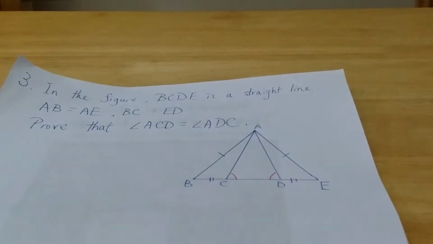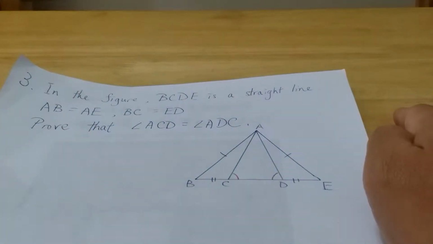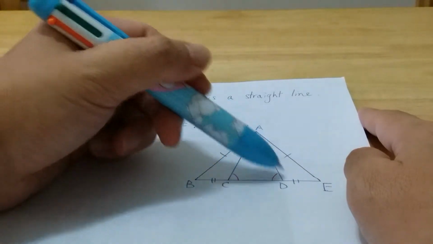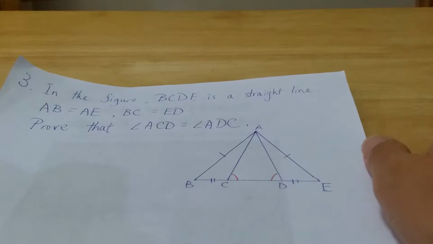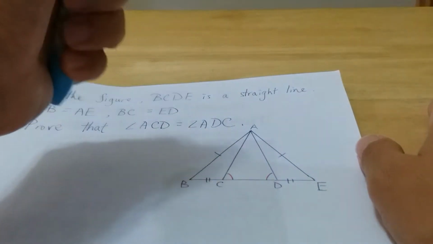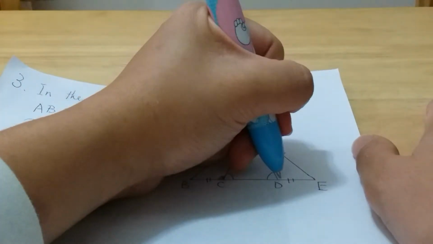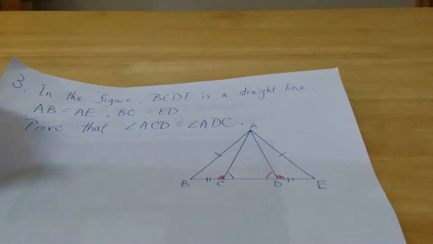Now we have two ways to prove this pair of angles are equal. One, obviously, these two look like base angles, so we are going to prove that AC equals AD, then we can solve the problem. Second way, if we know the other part of these angles are equal, the orange one, this one or this one, that's great.